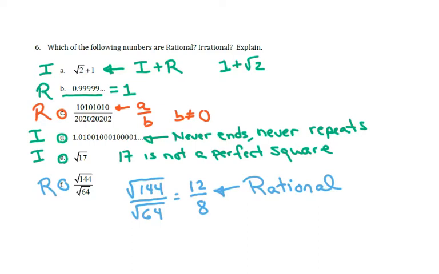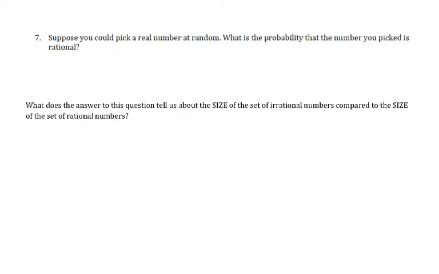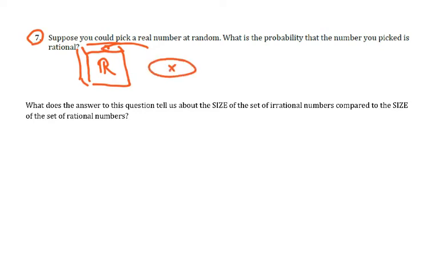All right. Now, this is a question that you don't know the answer to, but I'm going to tell you, unless you've read the book. If we could pick a real number at random, if maybe we had this box that contained all the real numbers in there, and you could put your hand in and grab one, and out comes this number.